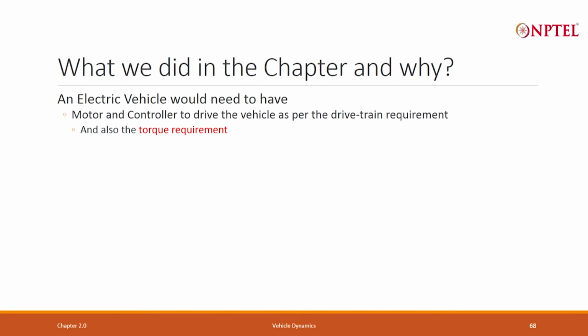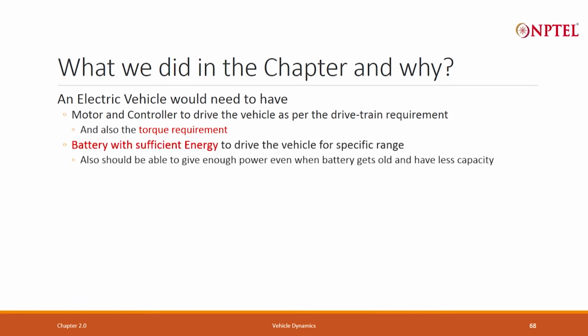Finally, what did we do in this chapter and why? An electric vehicle would have to have a motor and controller. We have for that computed the torque requirement. We have computed the energy and power requirement for the motor. Battery will have to have sufficient energy.